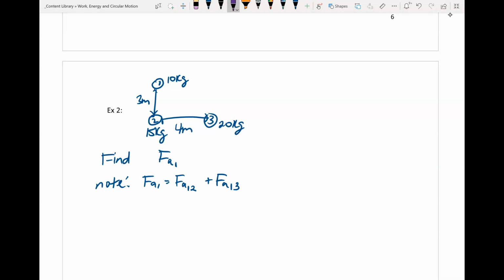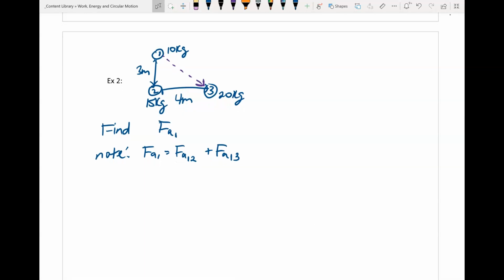How that's going to look is something like this. So we have to look at that vector to figure out what Fa13 is. Okay, the first thing I'm going to do though is find Fa1 to 2. This is a downward direction.